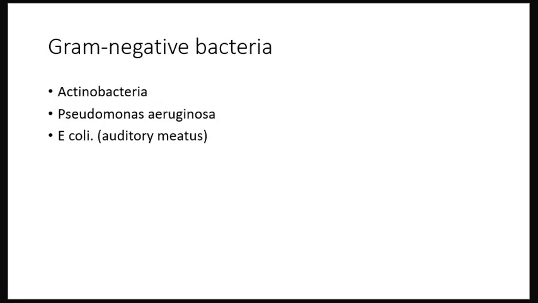And in the category of gram-negative bacteria, Pseudomonas, which is caused by Proteobacteria, E. coli, and Actinobacteria are gram-negative bacteria. So topical antibiotics are divided according to the category of gram-positive and gram-negative bacteria.